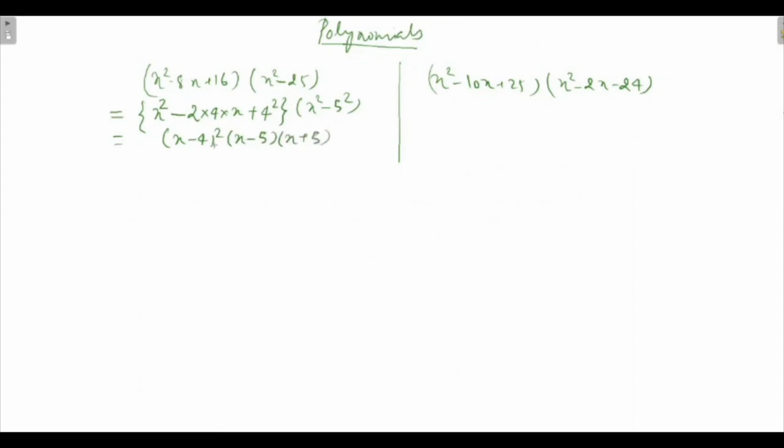Okay, so now I've got expressions more in terms of single degree polynomials, and here too I will want to write it in that fashion. Again, I can see this is like a square minus 2ab plus b square when my b square is 5 square. So I can write it as x square minus 2 into 5 into x plus 5 square.